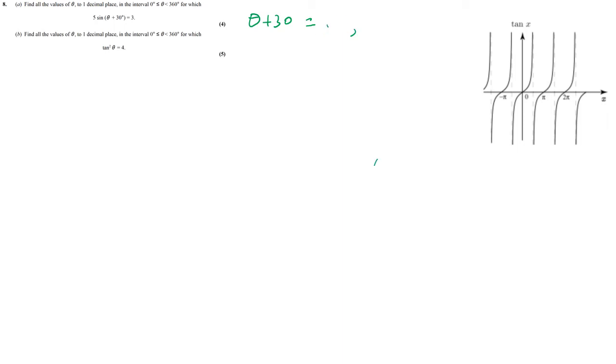And then we can do inverse sine 3 over 5 should be equal to that, okay? Because the opposite of sine is inverse sine. So inverse sine 3 over 5 is 36.9 minus 30 should give us 6.9. Theta is equal to 6.9 degrees.